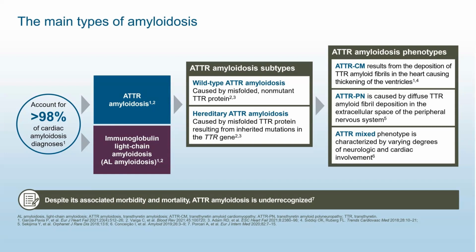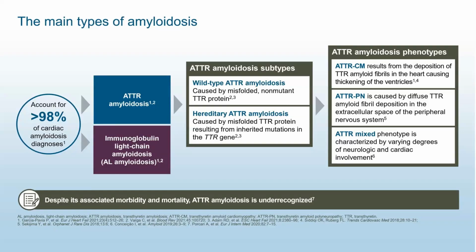Other than this AL type, you have the ATTR type, which we are concerned with as cardiologists to treat. The ATTR type has two subtypes: the wild type, where the liver produces a lot of amyloid material, and the hereditary type, which runs through families.